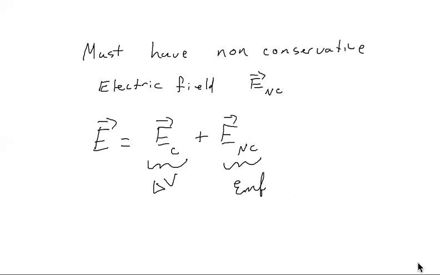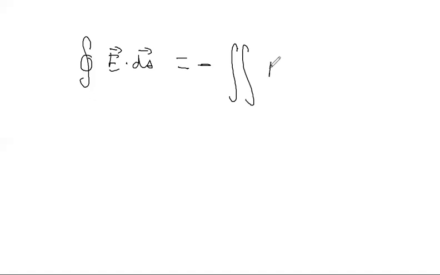Okay, so the electric field version of Faraday's law states that the line integral of the electric field dot ds equals minus, because of Lenz's law, the magnetic flux, as a double integral through the surface.